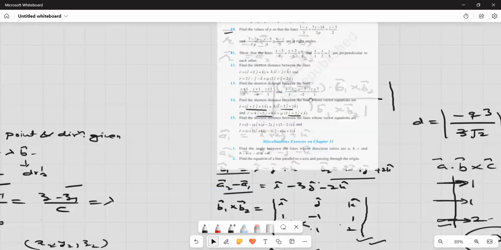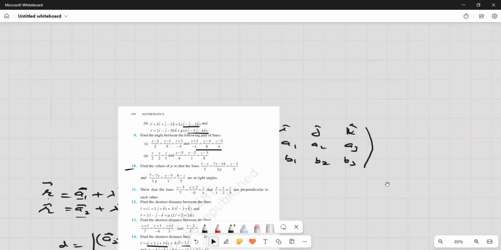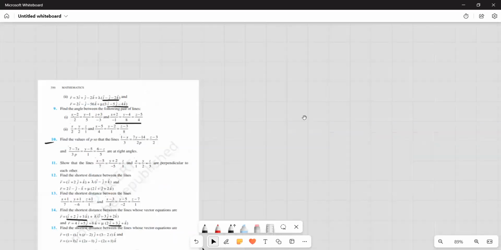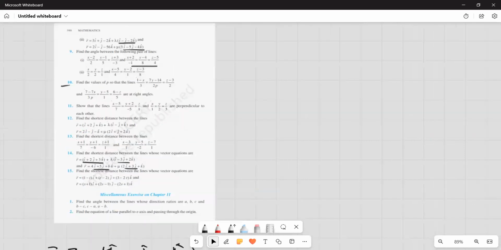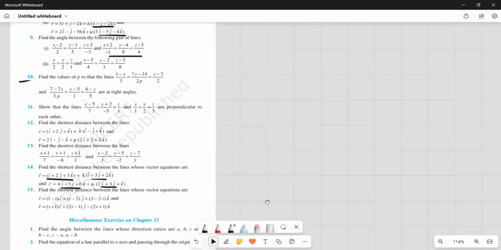Then question number 14. A1 is i plus 2j plus 3k.